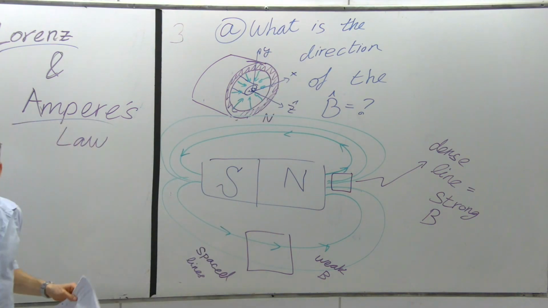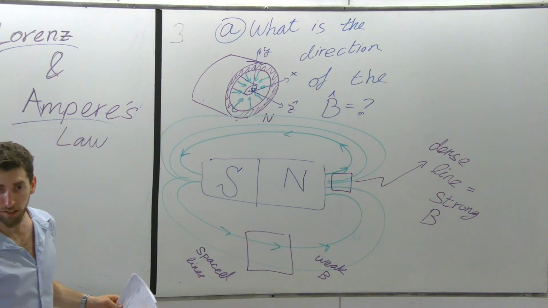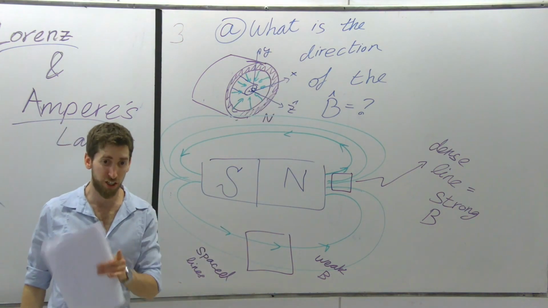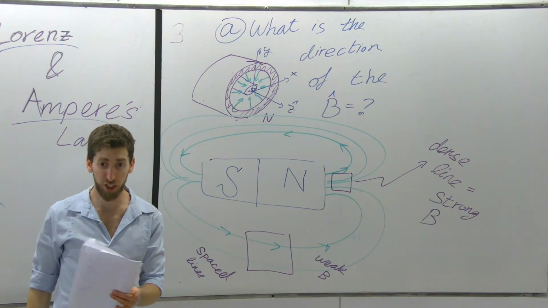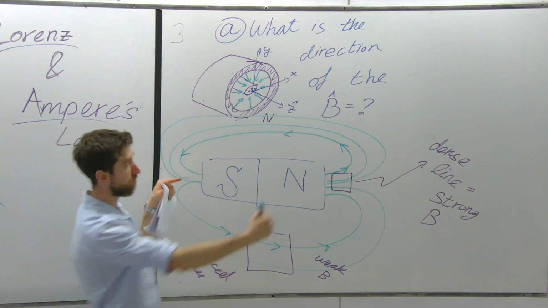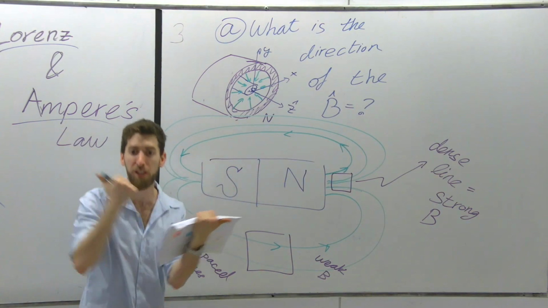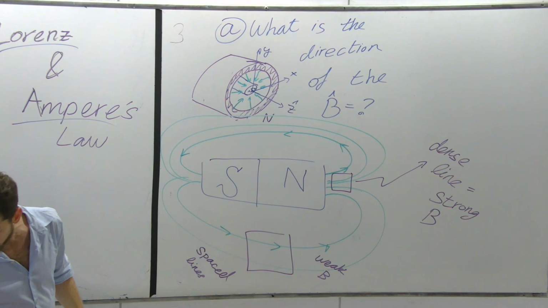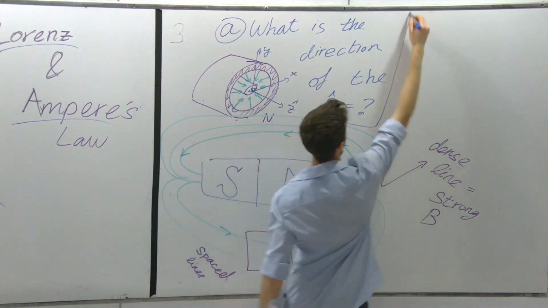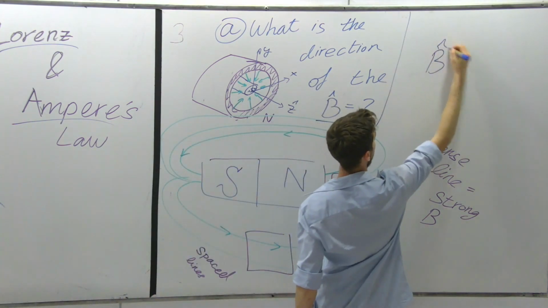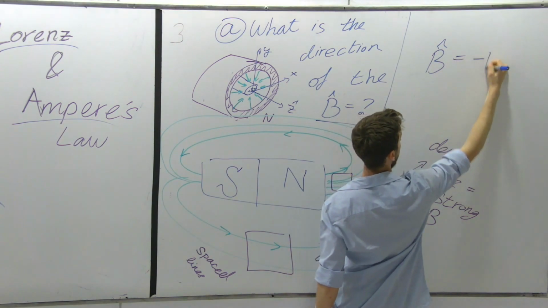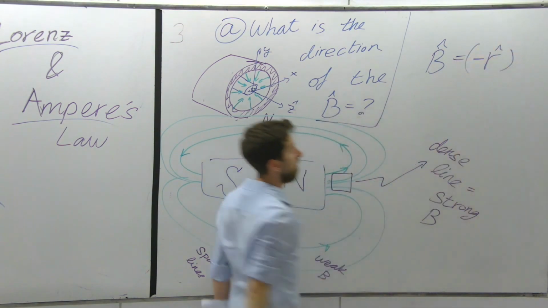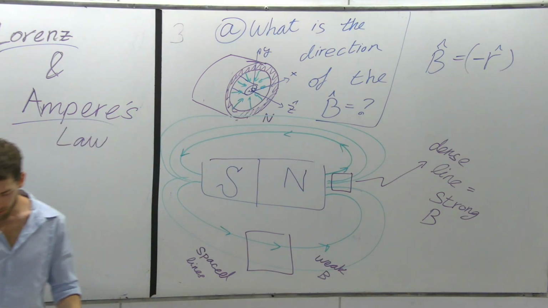The direction is radial, right? But not exactly radial, it's actually minus the radial, because it's pointing inward and radial is pointing outward. So the answer to that question is that the B direction is minus the radial. Understood? Perfect.